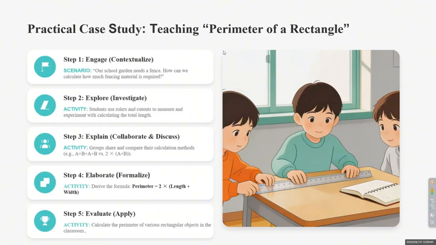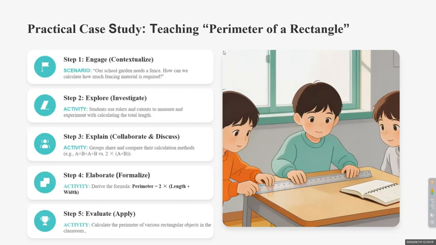Finally, step 5, evaluate. To ensure understanding, students apply their newly constructed knowledge by calculating the perimeters of various rectangular objects in the classroom, like desks, books, or whiteboards. This application in a diverse context solidifies their learning.